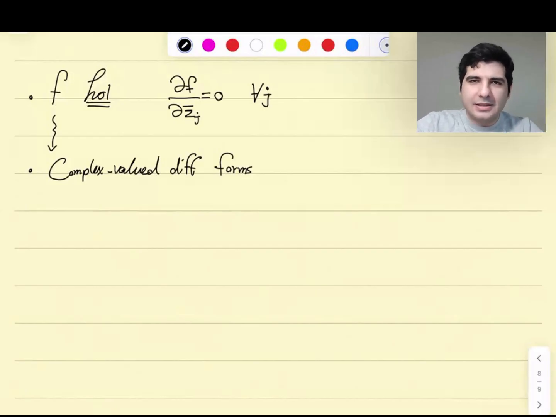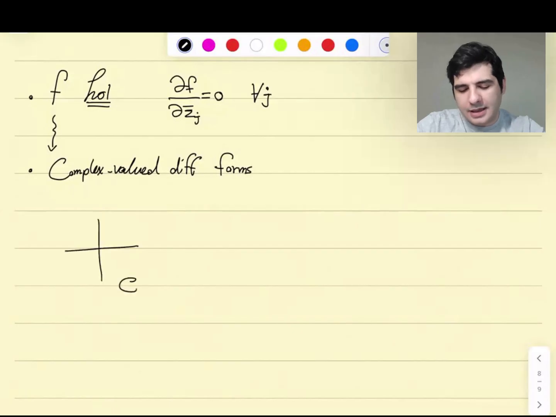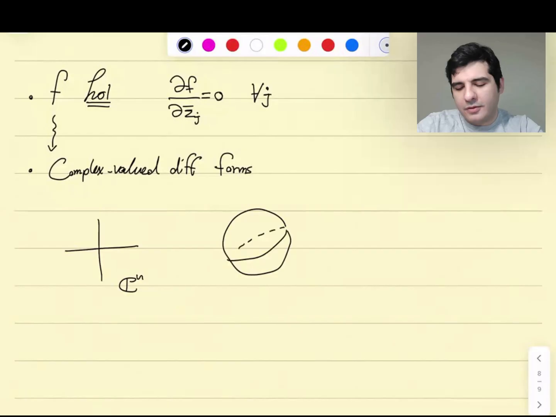The point is that this different language is slightly more convenient and useful when you're working with curved spaces, not just C^n. So not just a flat space like C^n, but spaces which are so-called complex manifolds. They are curved like this sphere.